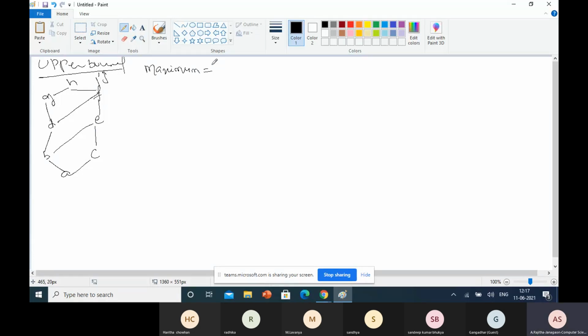What are the maximal elements? Maximal element means the top element, the one for which there is no upward element. That is H and J.